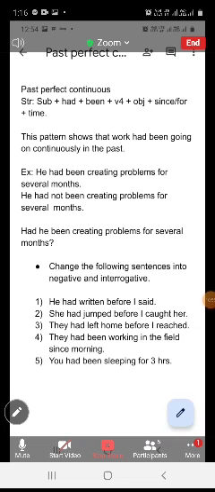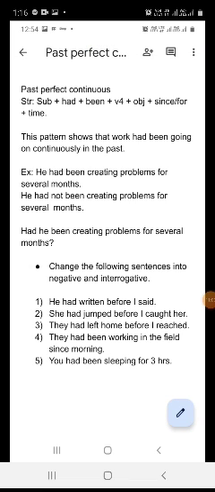Now, the next one, that is past perfect continuous. Let us see the structure of past perfect continuous. Here the structure is subject plus had plus been plus verb plus ing plus object plus since or for plus time. It is just like the structure of present perfect continuous.